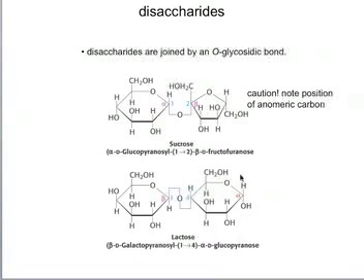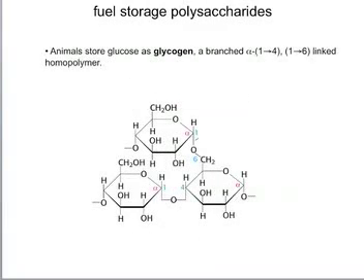So in this case, this molecule might still ring open, whereas in this molecule the anomeric carbon is engaged in the glycosidic bond and it's closed. What this means is that this molecule might engage in another glycosidic bond elsewhere, and we'll encounter that in just a moment. Right, we'll encounter it right now, in fact.